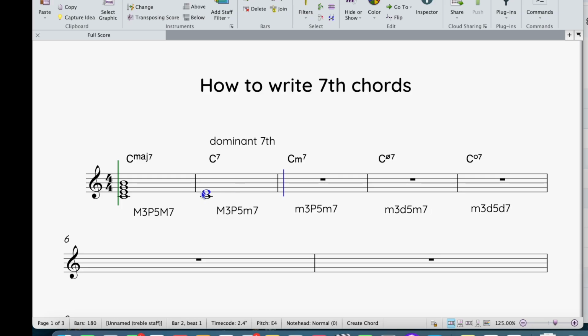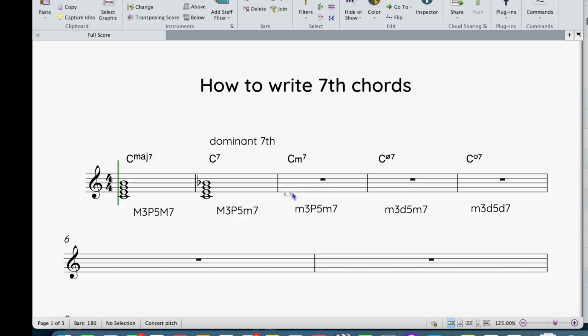Well, from C major, that's an E and G. But instead of a natural B, that would be a major seventh, as C major helps us to understand. So to get a minor seventh, I need to lower the B a semitone, so that'll become B flat. There's C dominant seventh.